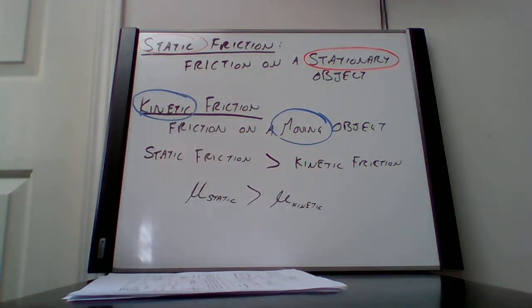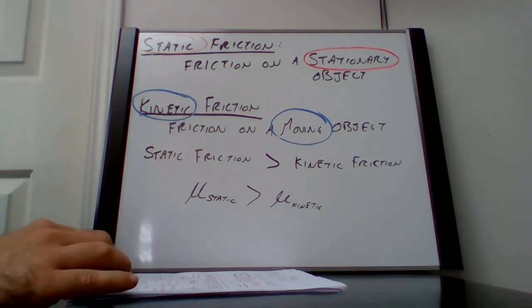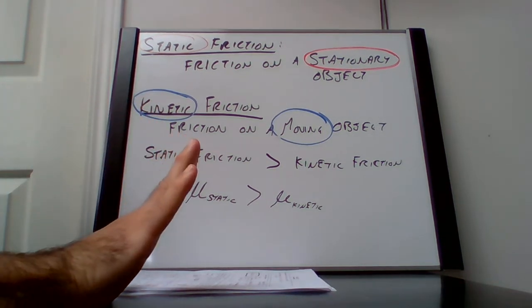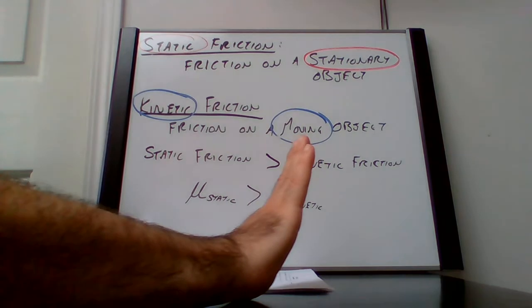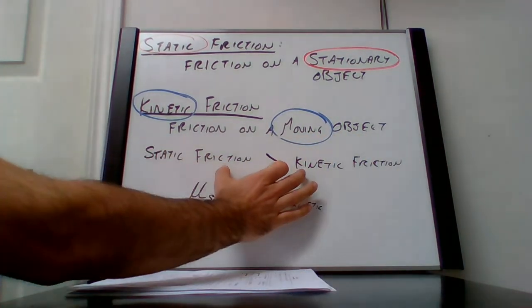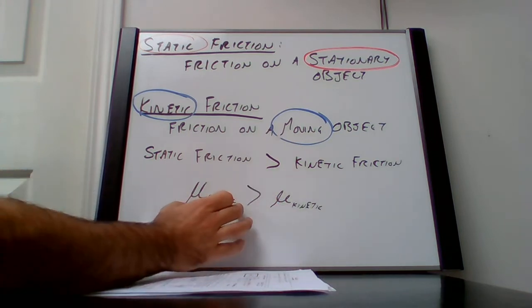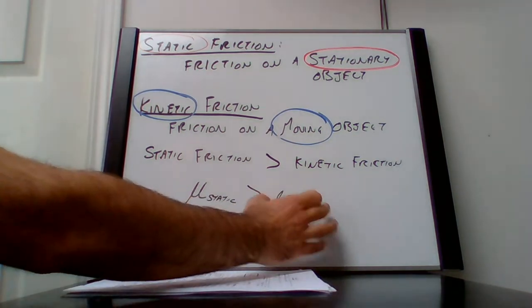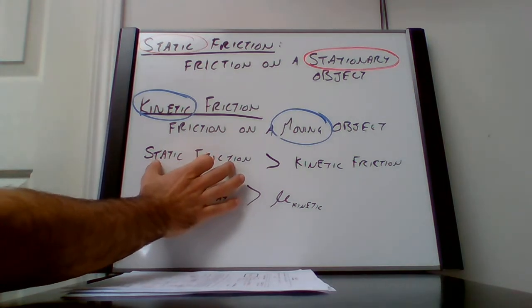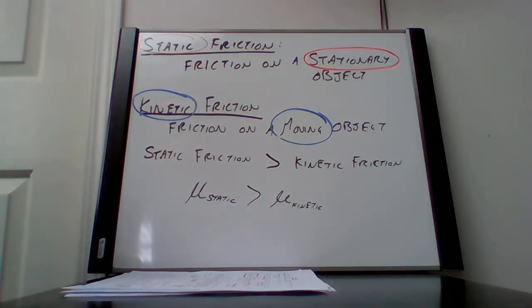Okay? So let's think about an example here. We have a box on an uneven floor or a frictional floor. If you start pushing on it, it takes a lot to get things moving. Once it starts moving, it becomes easier to maintain that motion. And that is because the coefficient of static friction is greater than the coefficient of kinetic friction, which makes our overall static friction greater than our kinetic friction.